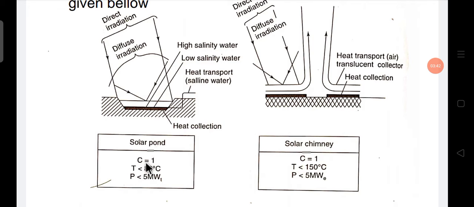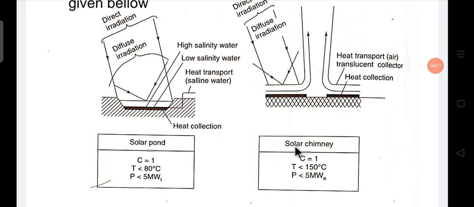This solar pond gives a temperature T of less than 80 degrees Celsius, and the power we get by using the solar pond is less than 5 megawatt.